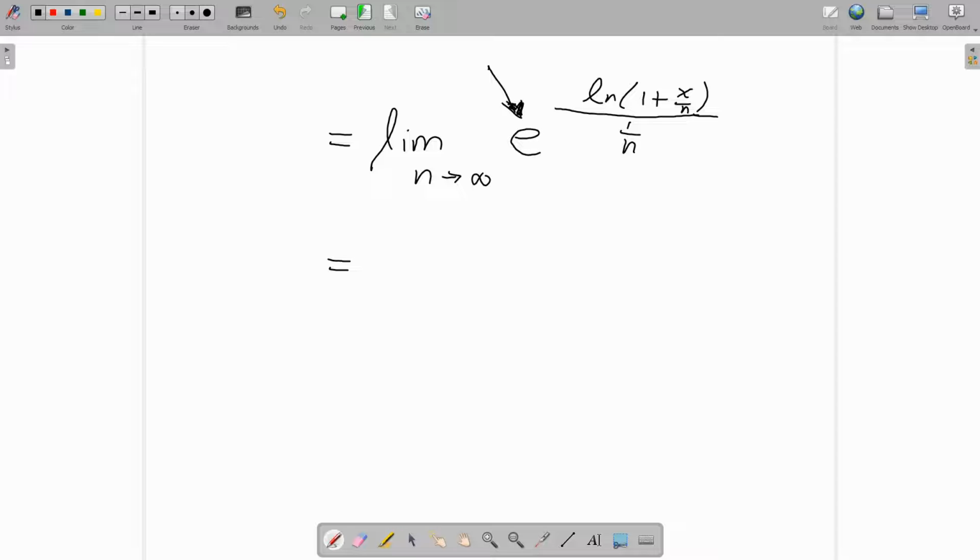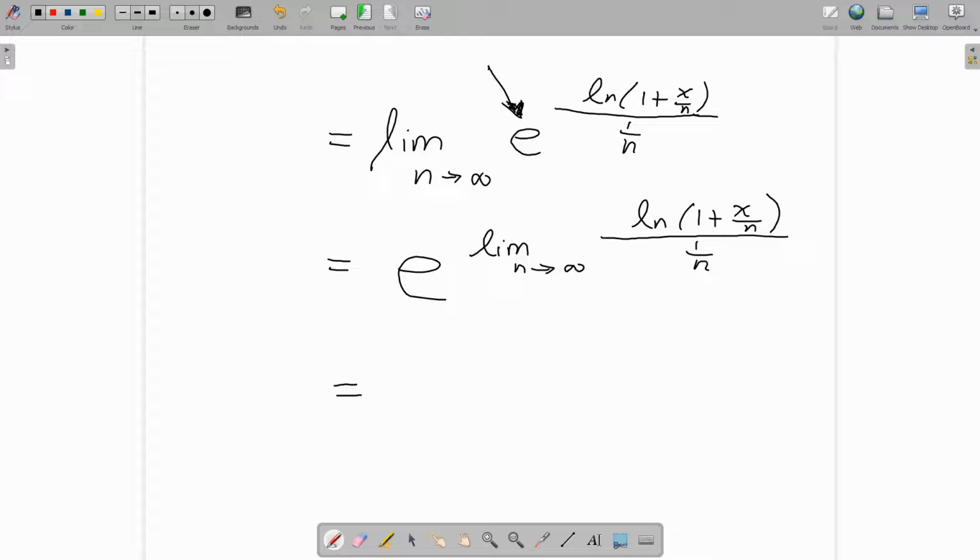So we can rewrite this as e raised to the limit as n approaches infinity of ln(1 + x/n) over 1/n.